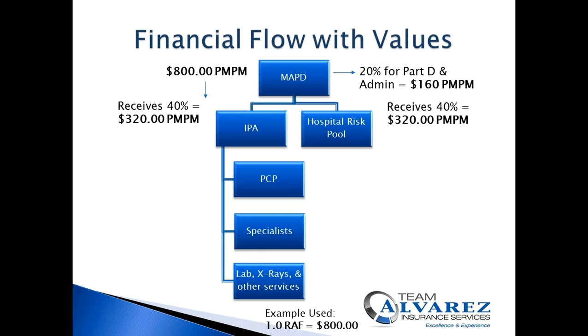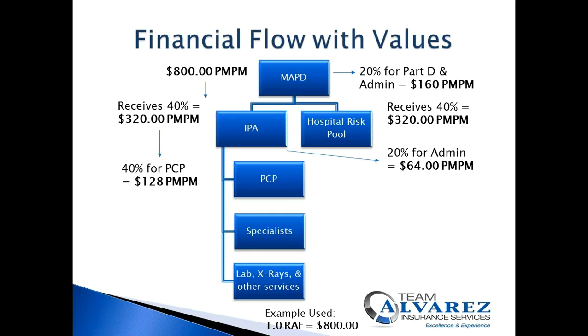Obviously, there needs to be money in the bank to care for those patients in the facility. All right, and the IPA typically retains about 20%, which in this example equates to about $64 per member per month, because IPAs also have their administrative overhead, whatever rent, their staffing, and so on and so forth.